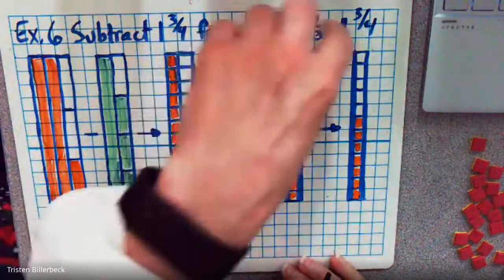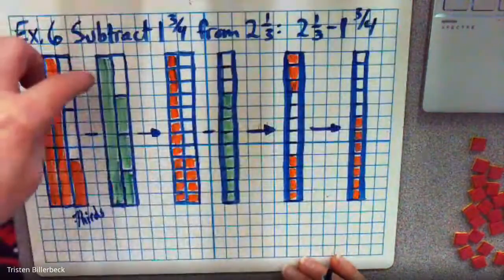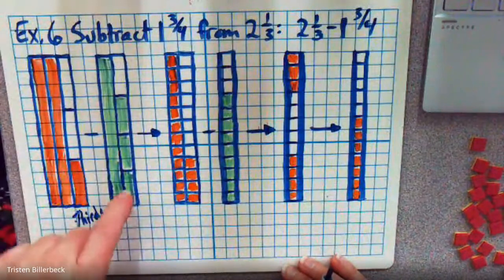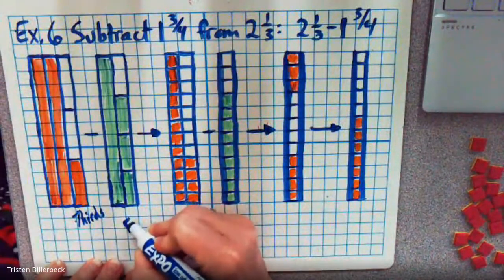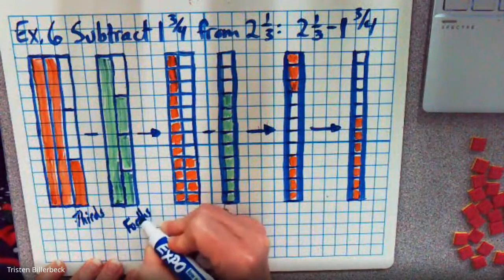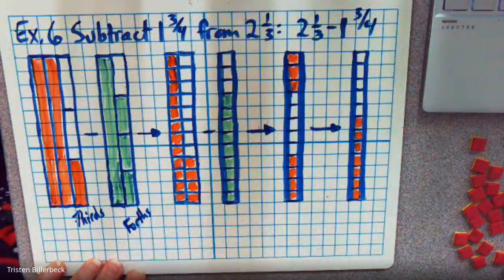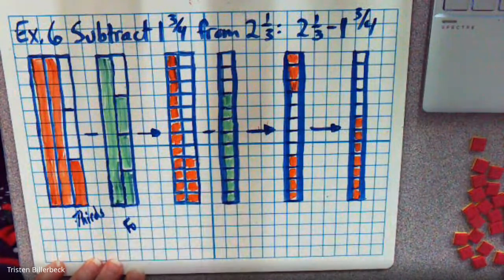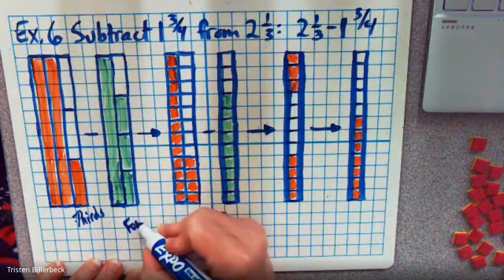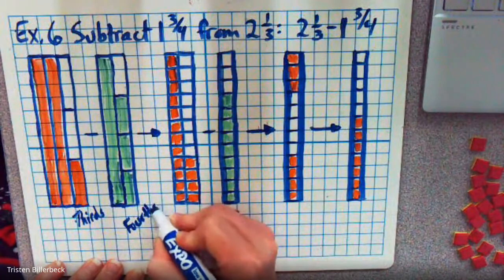Okay, and then I'm subtracting 1 and 3/4. So I have 1, and then I broke this into 4 equal parts. So this is fourths. Oops, I think I spelled it wrong. I spelled it "fourth" instead of "fourths." There we go.